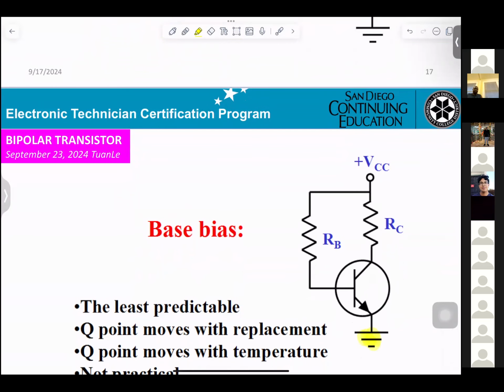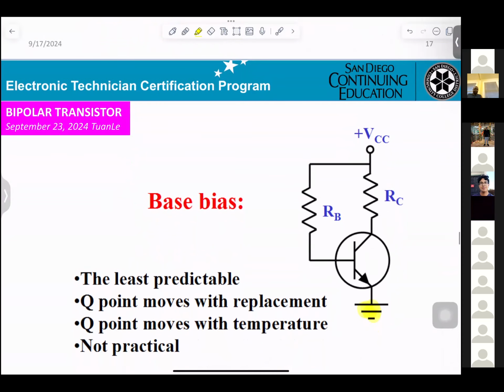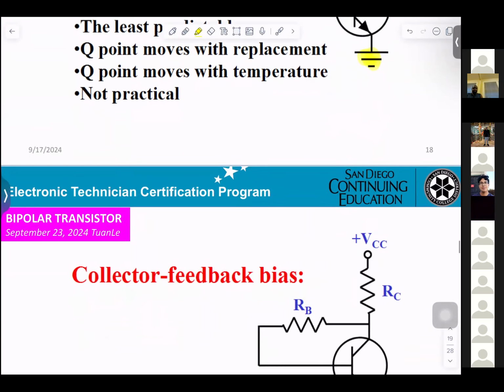That is the difference. The least predictable: the Q point moves with replacement, and the Q point moves with temperature. That is not practical, so basically they never use that to design.